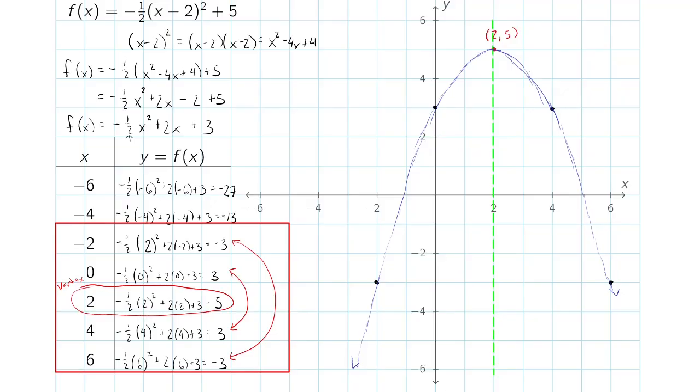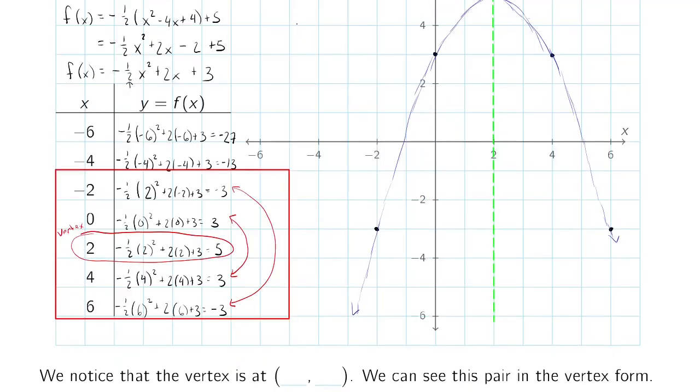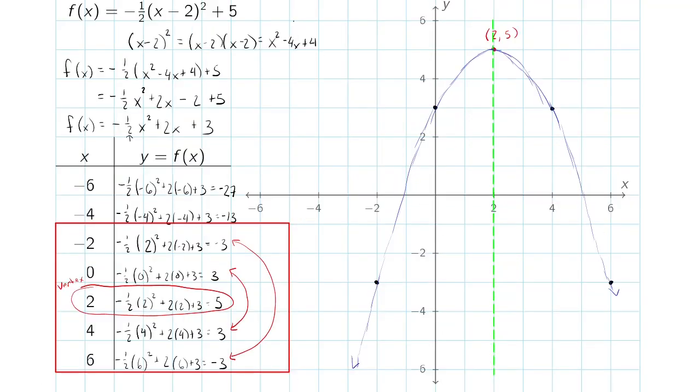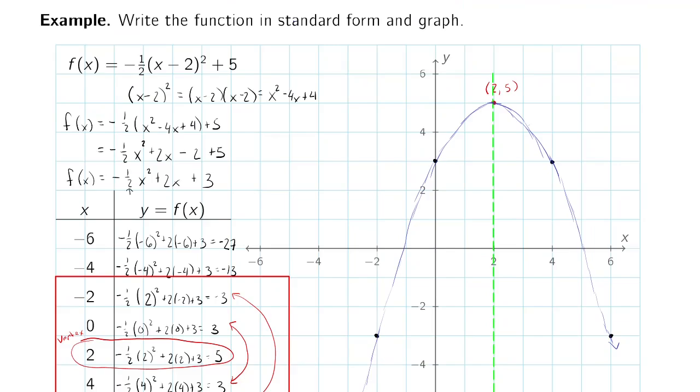And one of the things that we notice here is that the vertex is at the point (2, 5). Looking at the vertex form, we see a 2 here and a 5 here.